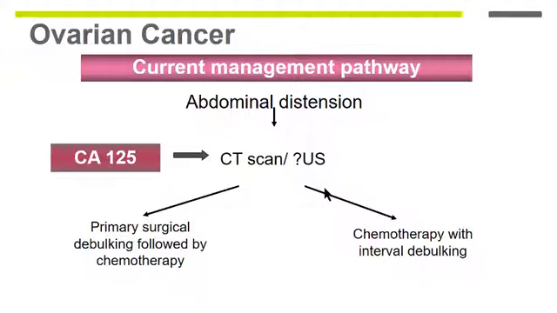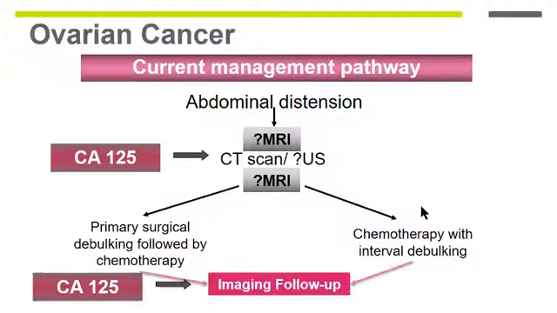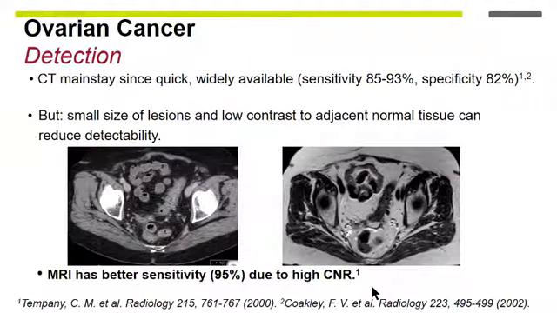CT is the imaging modality of choice, and the treatment is either primary surgical debulking, i.e. surgery up front, or delayed debulking, which means giving neoadjuvant chemotherapy, followed by surgery after 3 cycles, and then some more chemotherapy. So where does MRI fit into that pathway if CT does this so effectively? And then obviously after they've had that treatment, there is an imaging follow-up because it recurs, it's late disease, so where does MRI fit in the follow-up?